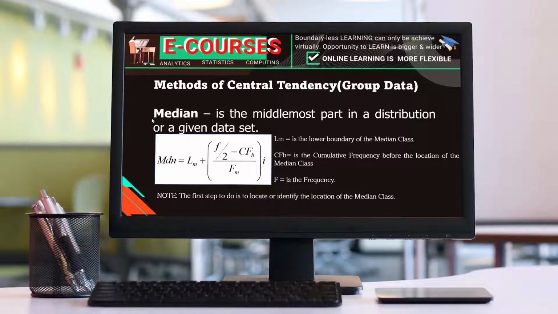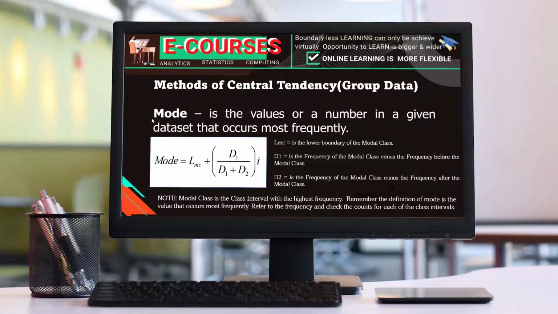Okay, and the CFB is the cumulative frequency before the location of the median class, and F is the frequency. Okay, so this is important. The first step to locate, or identify or determine the location of the median class is you need to go through the cumulative frequency. Okay, you need to construct a cumulative frequency first.